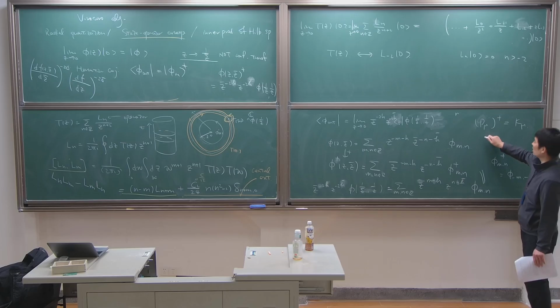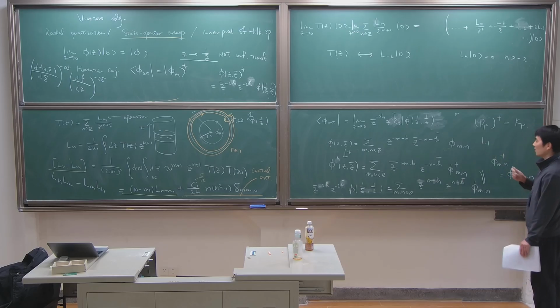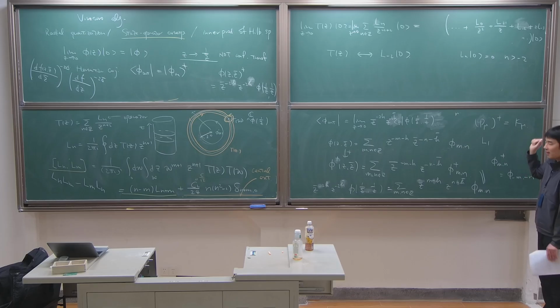Yes, so essentially it corresponds to L_1, L_1 plus L_1 bar. But if you take the dagger, K_mu corresponds to what in 2D CFT?